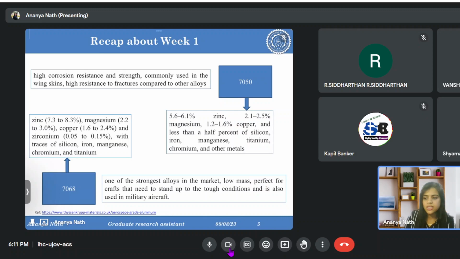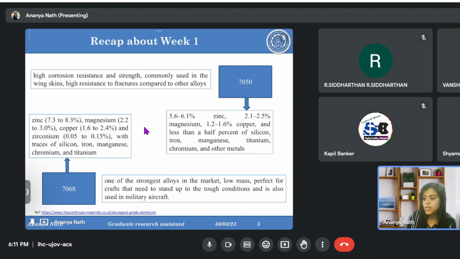Next is the 7000 series. In the 7000 series, zinc is the main constituent element. For that, the percentage of zinc is much higher in both alloys. You can see 7 to 8% in 7068, and for 7050 it's 5 to 6%.